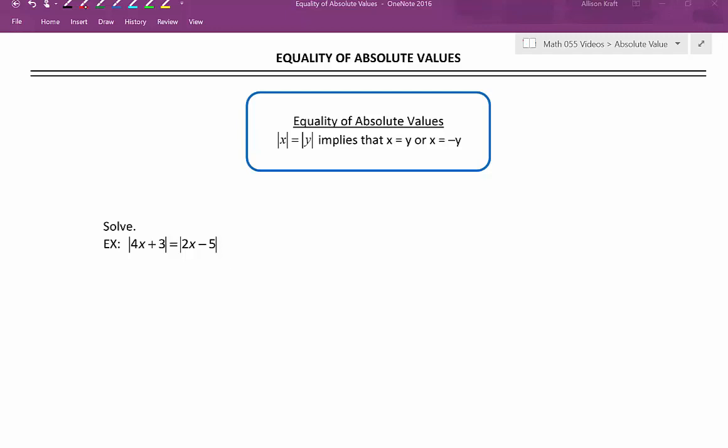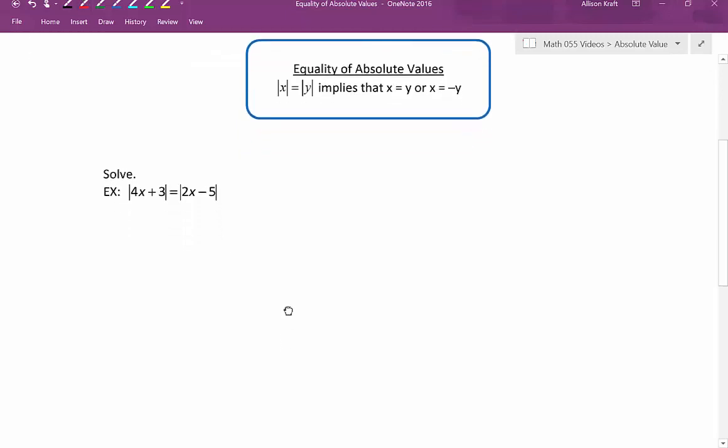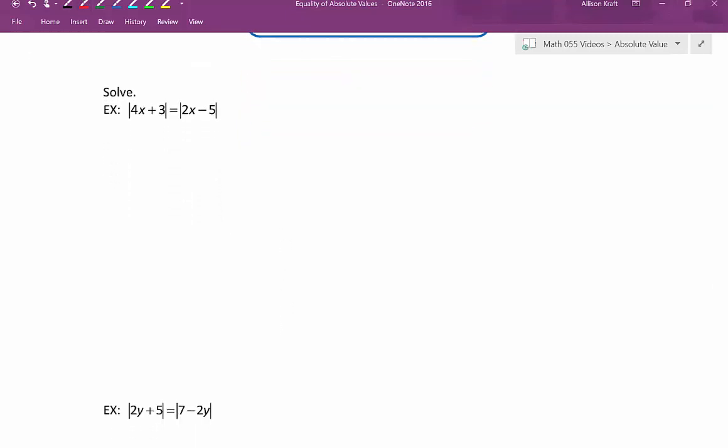This is really the same property used when solving absolute value equations that contain just a single absolute value. Let's solve the absolute value of 4x plus 3 equal to the absolute value of 2x minus 5. Our property tells us that the insides are either the same, 4x plus 3 equals 2x minus 5, or they're opposites of each other.